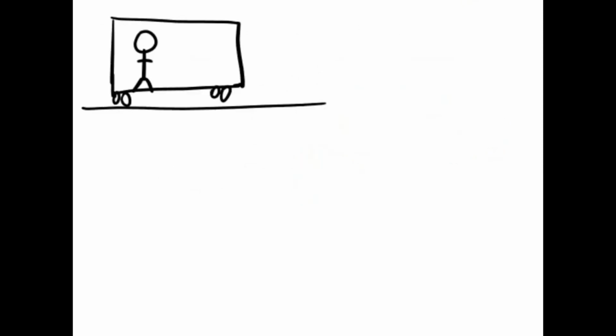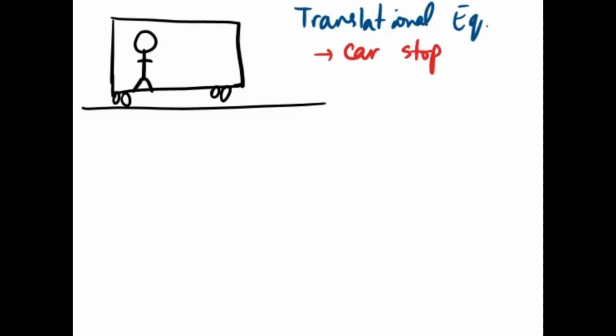Now let's say you're standing in a subway car, you are in translational equilibrium. If the car suddenly stops, your velocity will be constant according to the first law until an external force acts on you. So hopefully you're holding on to something so the pole can help you stop moving, but if you're not holding on to something, you will continue to move forward until you're stopped by a person or a wall.